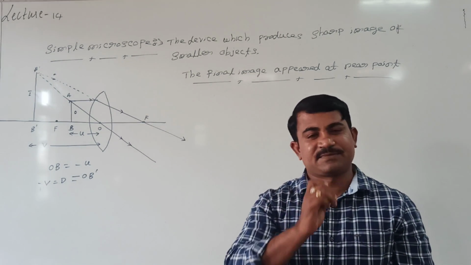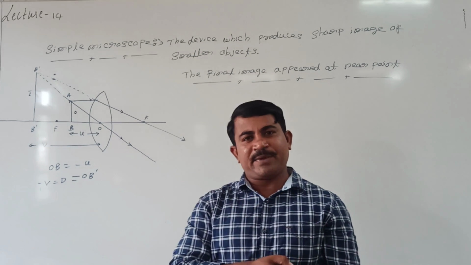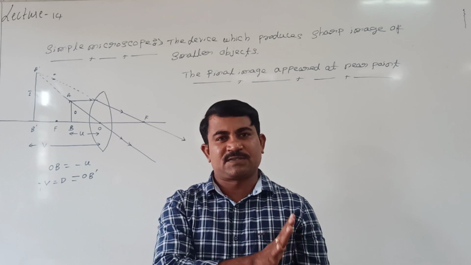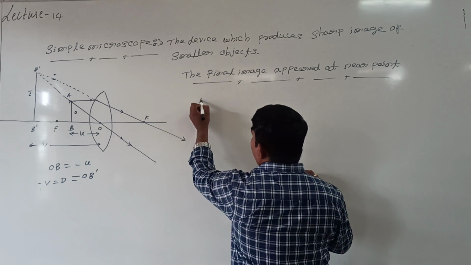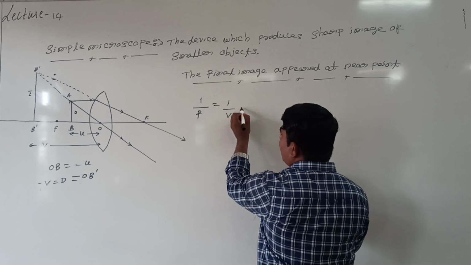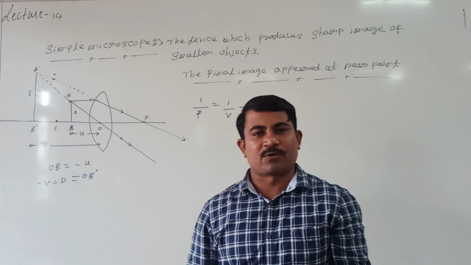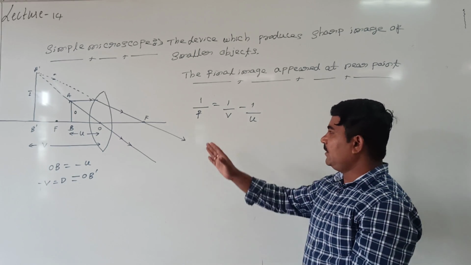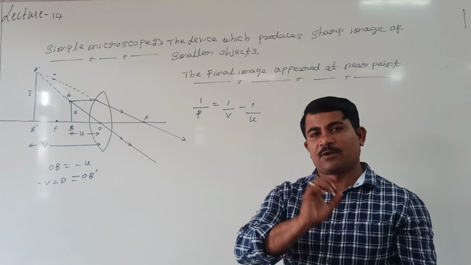Write this down. Now, how to obtain the magnification of a simple microscope in this case? We know the lens formula. What is the lens formula? 1 divided by F is equal to 1 divided by V minus 1 divided by U. You know this formula, right? From this formula, just divide by V on both sides.